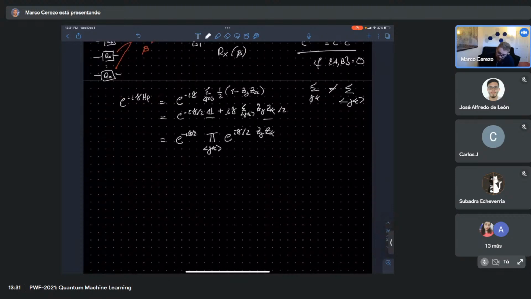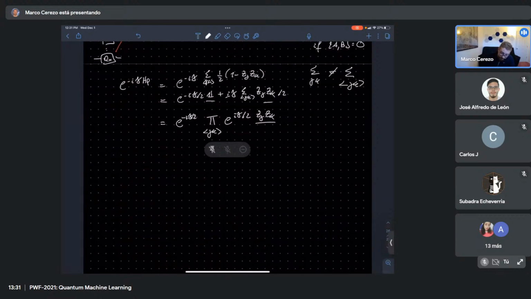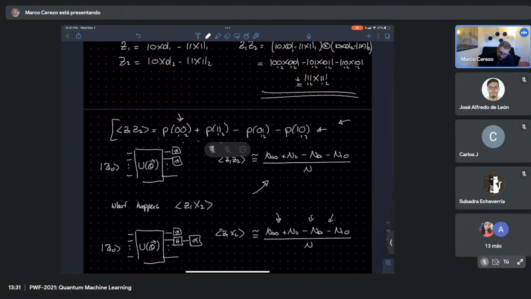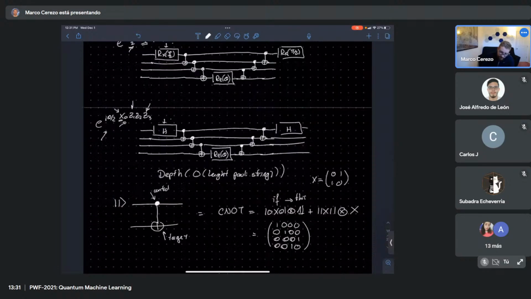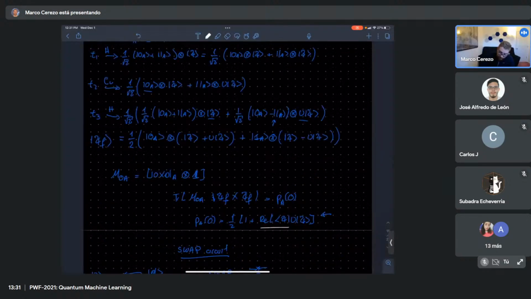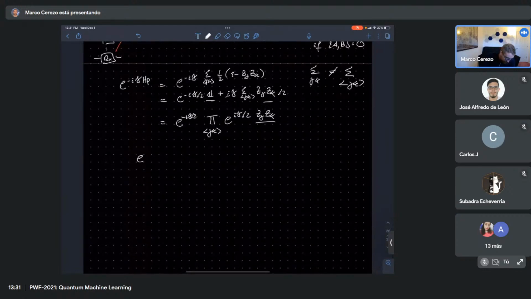So what is this? This is just an exponentiation of a two-body Pauli, right? And how do we go about implementing this? Well, we've already sort of seen this at the end of the previous class, as to how we would go about implementing operators that look like this. So we literally use that same formula. And what we get is that we can implement an operator, for instance, e to the minus i theta zj zk.